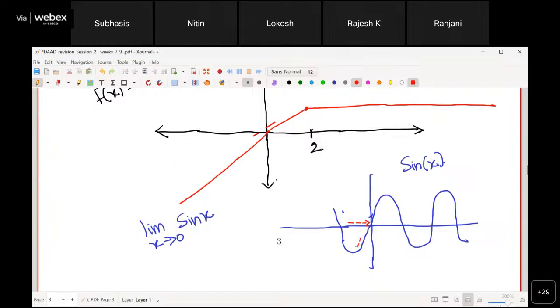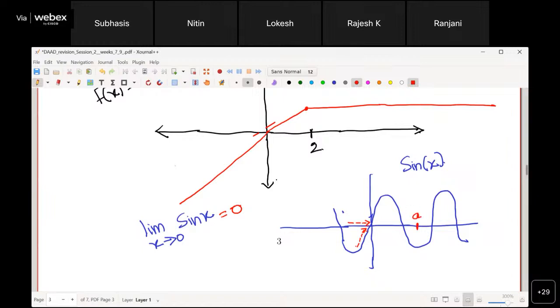And the same thing is true from the right hand side. As you can see, there is nothing special about 0. You pick any point, you pick this point A.